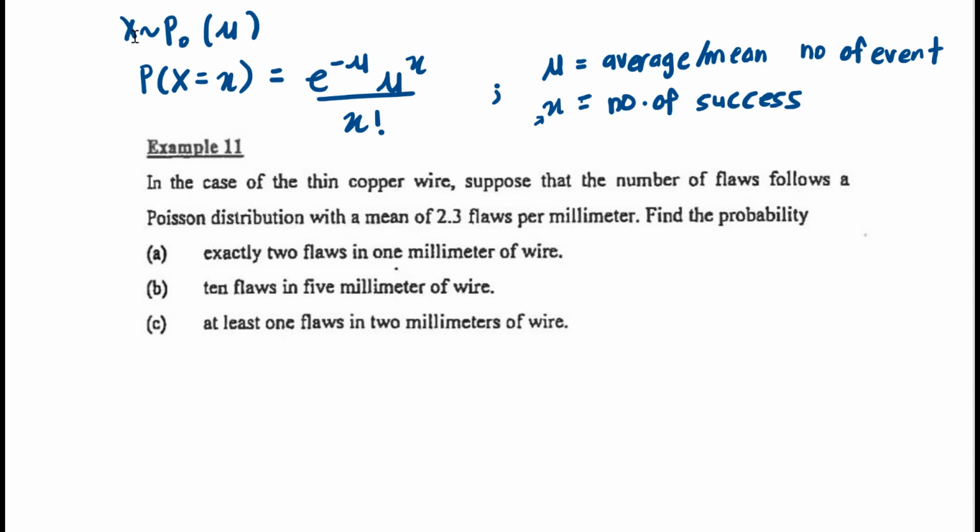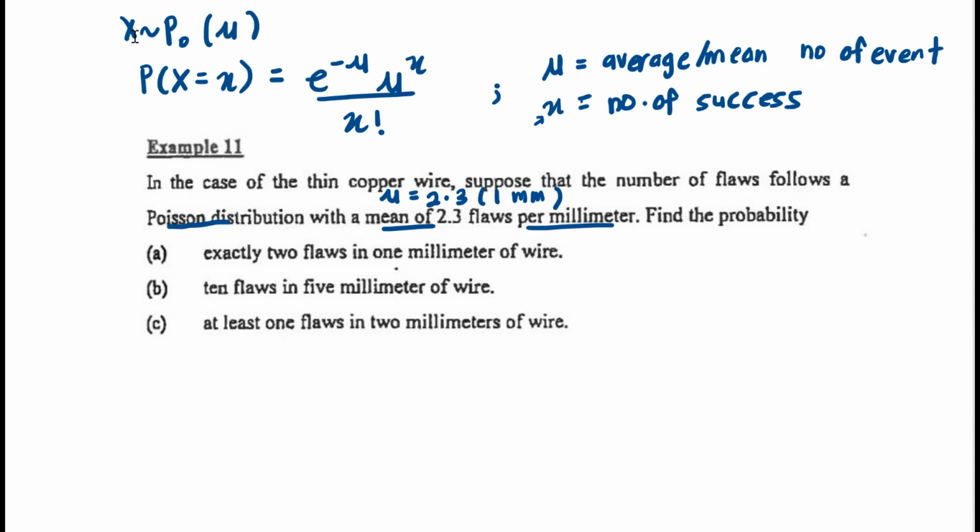Now we look at Example 11. The number of flaws follows a Poisson distribution with a mean, so that means mu is equal to 2.3 flaws per millimeter, that means for 1 millimeter. The unit of measurement in the Poisson distribution is very important.